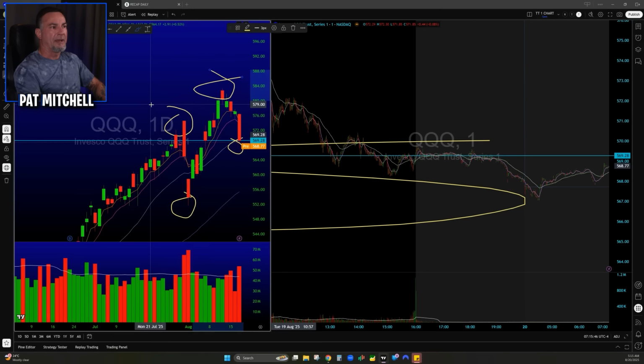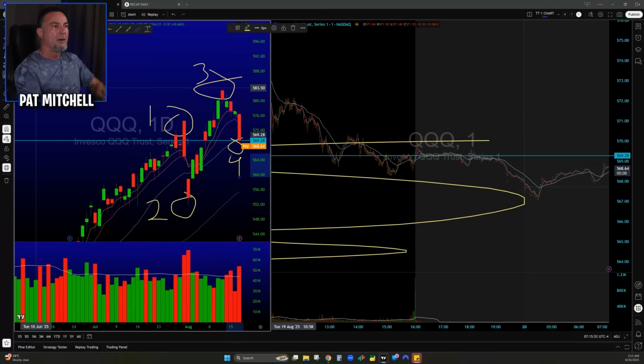So let's label it 1, 2, 3, and 4. If we're looking for a bearish chart setup and chart pattern, what numbers on these charts would you say that you should be looking for that setup? I'll give you a second.